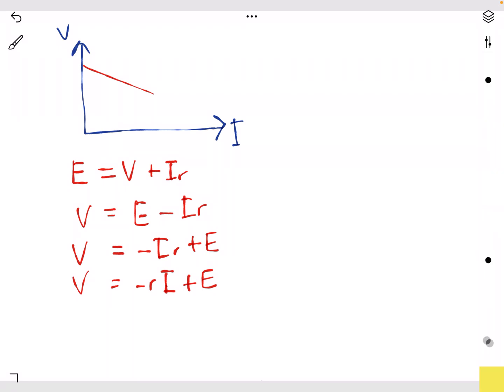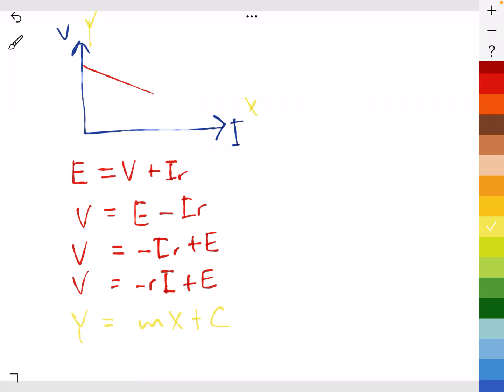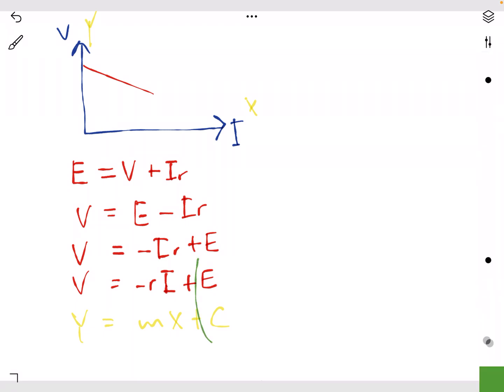Something that you have learned in maths, this is y-axis and this is x-axis, and you can write y equals mx plus c. This is the linear equation, and from here you can tell that EMF is c, and internal resistance is negative.